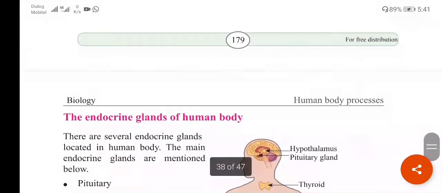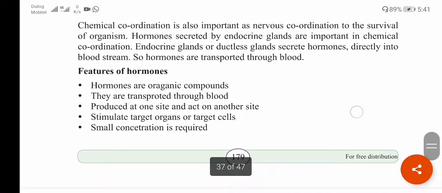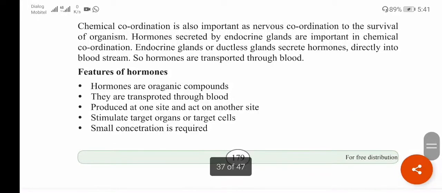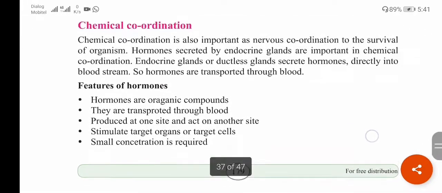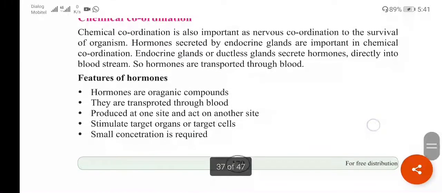Endocrine glands can also be called ductless glands, because they directly secrete the hormones into the bloodstream.